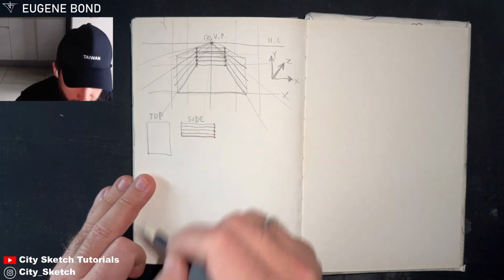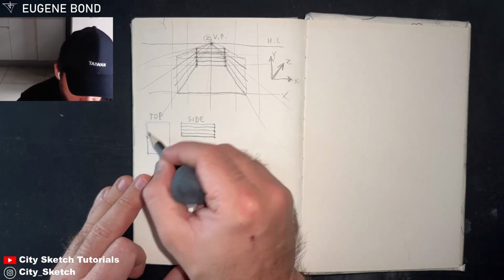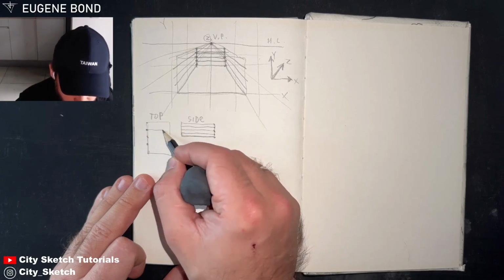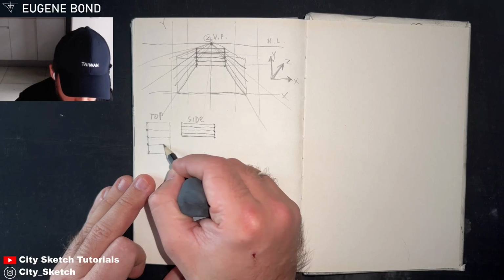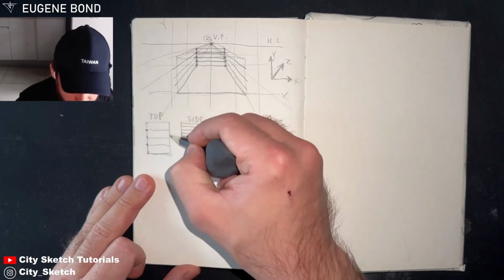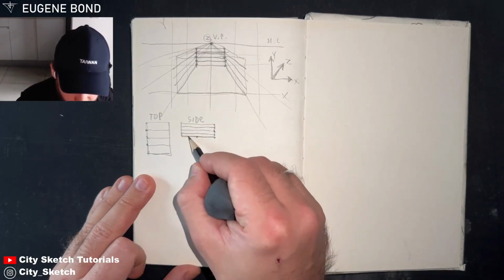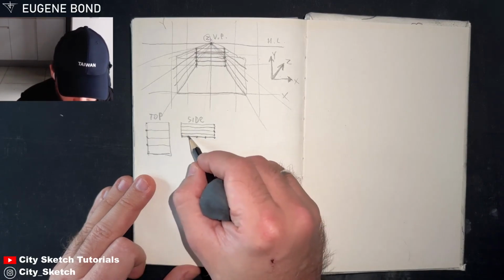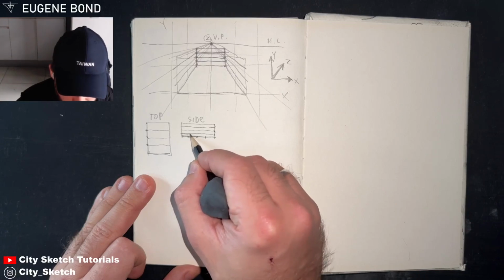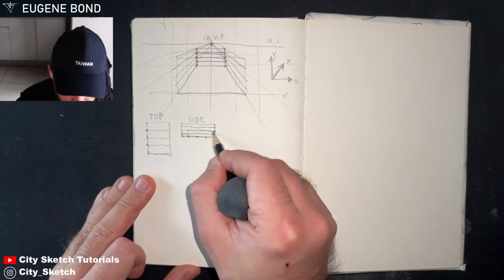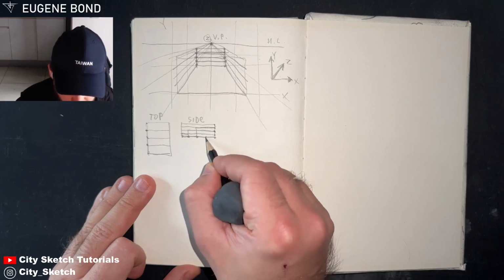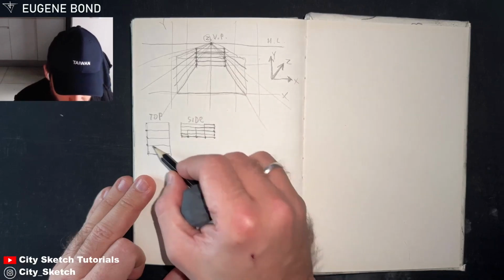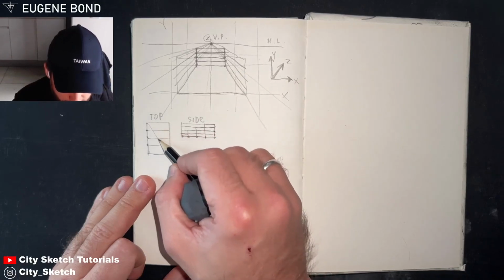And then from the top view, I also divide this into 4 sides. You see? So we have these 4 different levels, right? From the side view, it will be like this: the first step here, then the second step here, third step here, and the fourth step here. So I need to divide this into 4 sides.